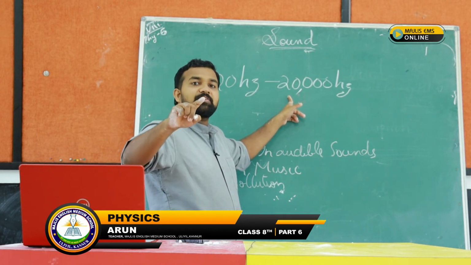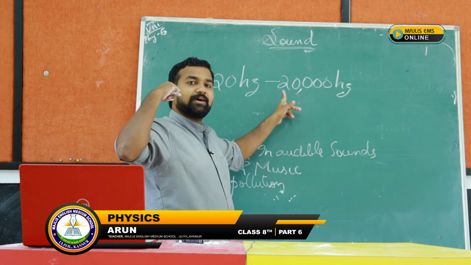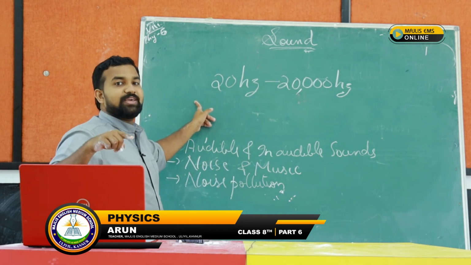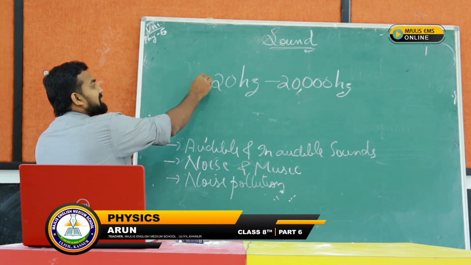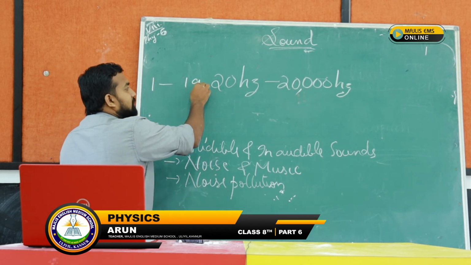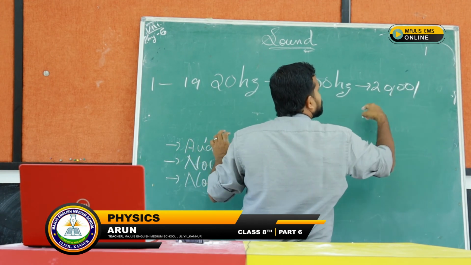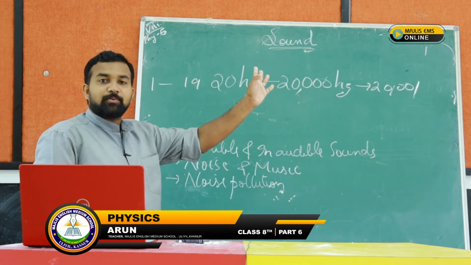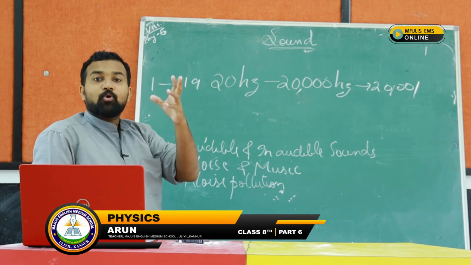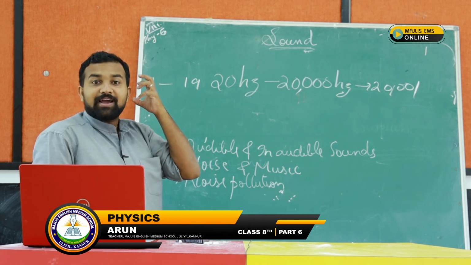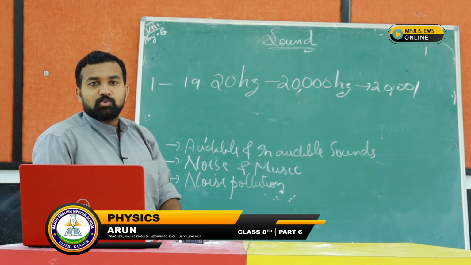In 1 second, if it is having 20,000 vibrations also we can hear. If it is having 20 vibrations also we can hear. But if it is less than 20, 1 to 19, or if it is above 20,000, that means 20,001 and above, our ear cannot recognize those sounds.